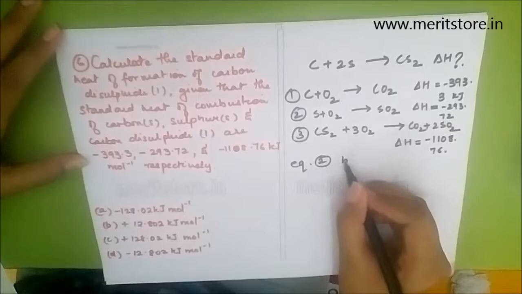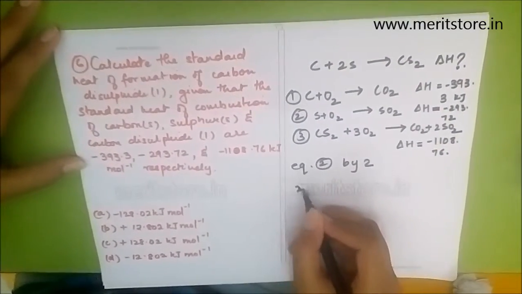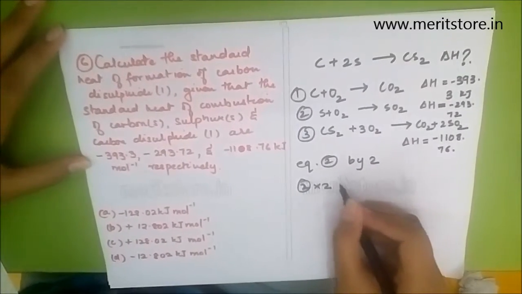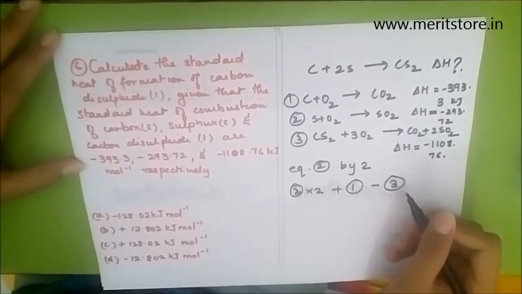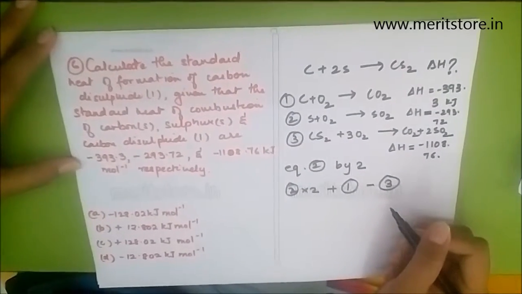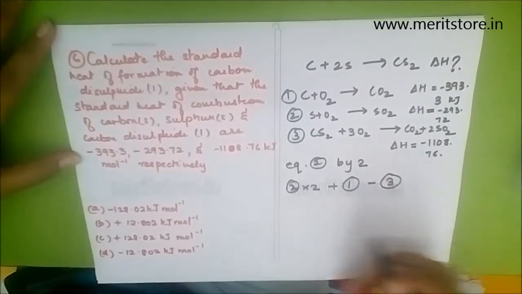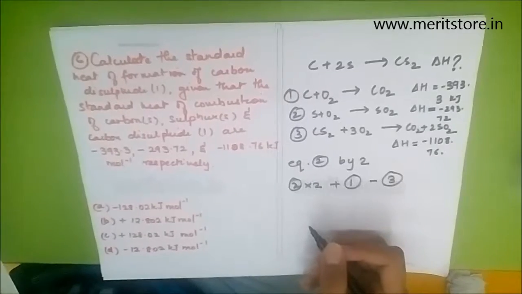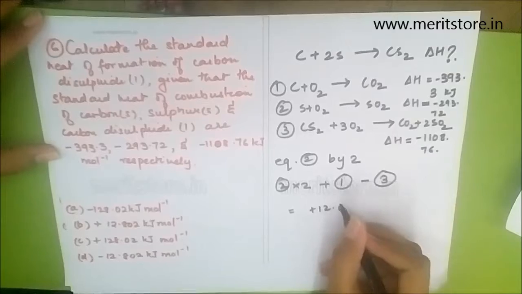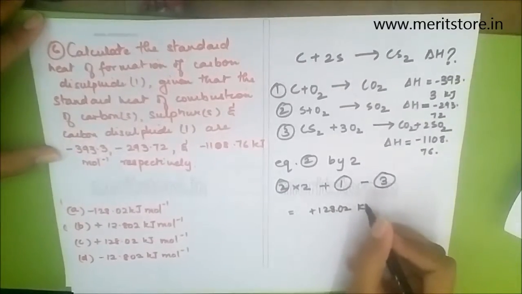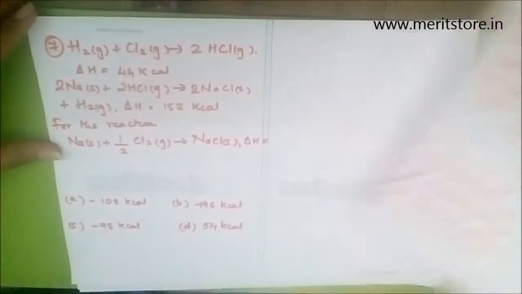When equation 2 is multiplied by 2 and added to equation 1 and subtracted from equation 3, we get the desired standard heat of formation of carbon disulfide. So the correct option we get over here is plus 128.02 kilojoules per mole. So the correct option is option C.